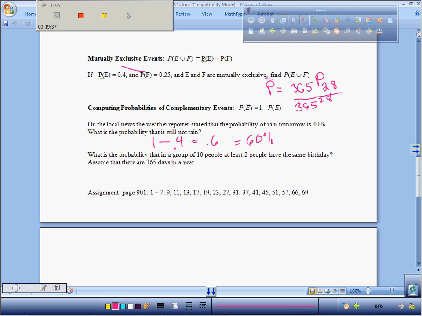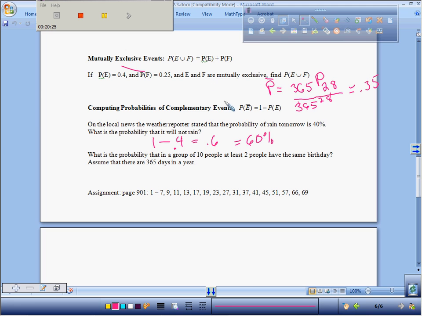So if I do that on my calculator, 365 math permutation 28 divided by 365 raised to the 28th, I get like 0.35 or 35%. So this number is actually 0.35.